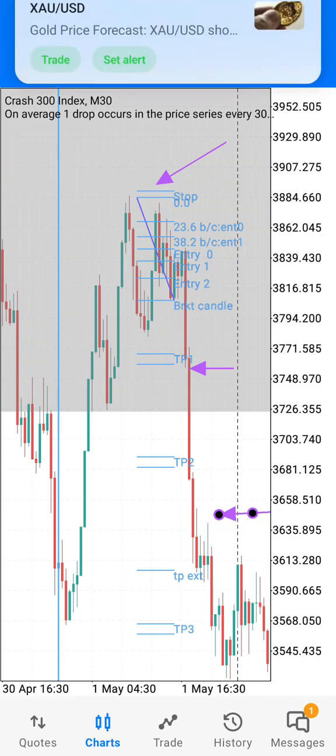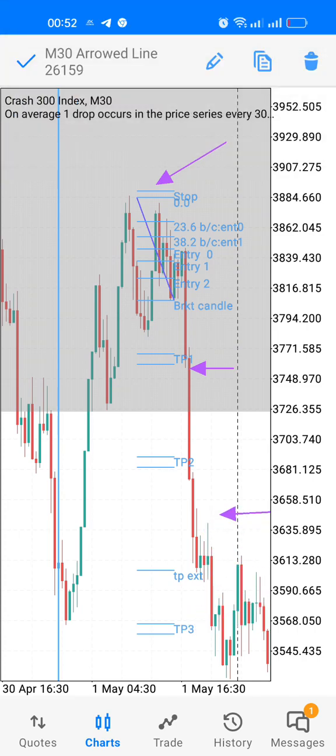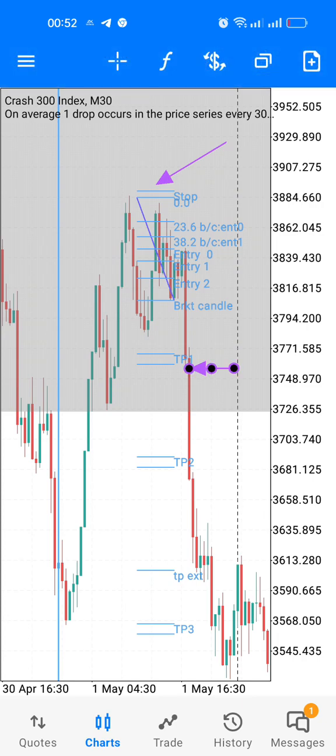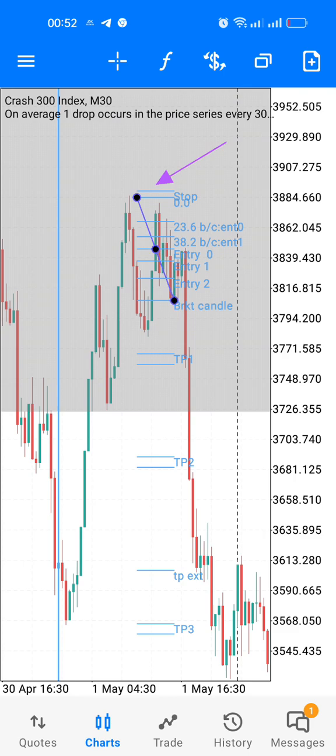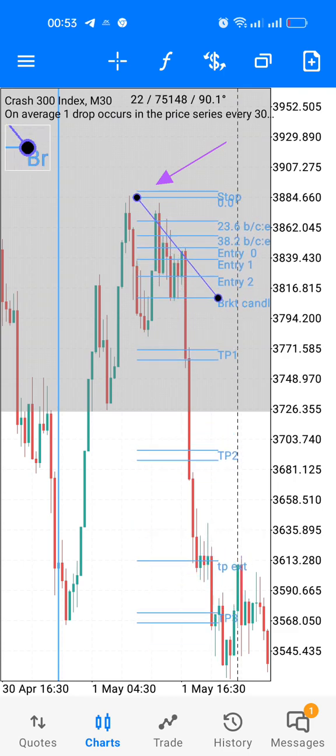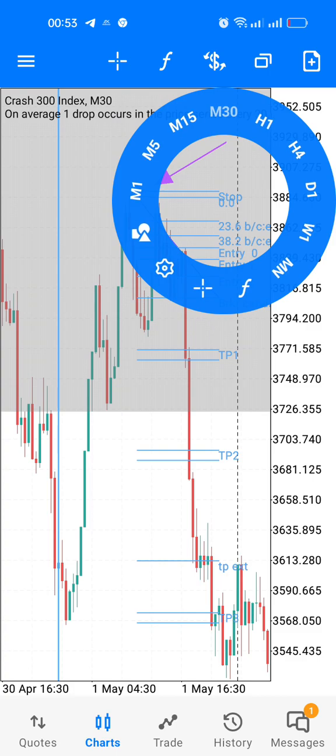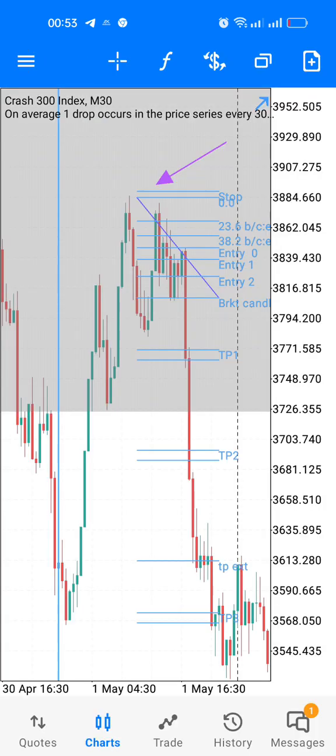So if you used D1 and 30-minute CB1 for Boom 300 and Crash 300, alright, I put my sell limit here. In this case I would put it here, entry 0. Can you see, guys, when it gets to entry 0, immediately after that it wants to go down. There's a reason.